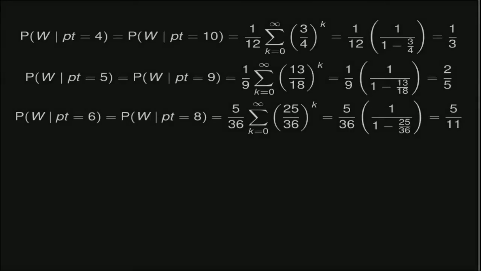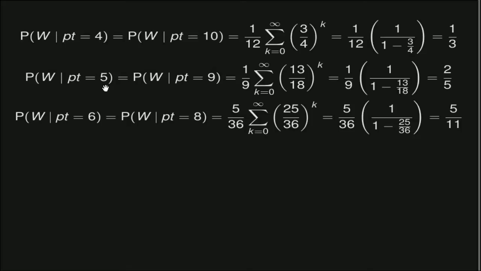Now if we do that for each one of the possible point values: if the point is established at 4 or 10, we end up having an infinite series, which is 1/12 times a geometric series with our ratio being 3/4, and so that's going to give us a probability of 1/3 of winning if the point value is either 4 or 10.